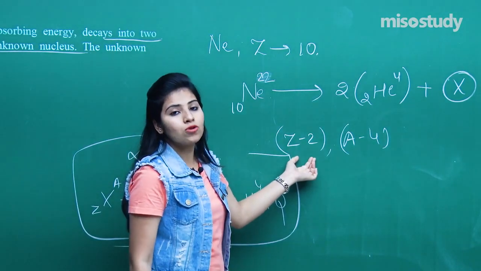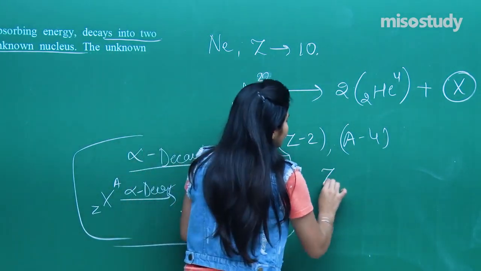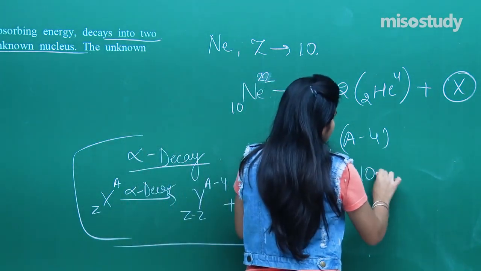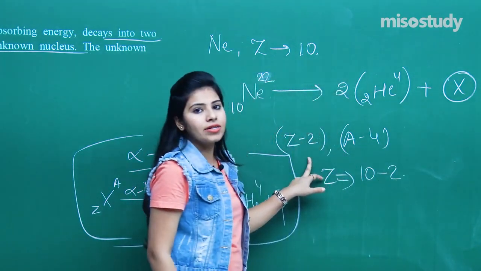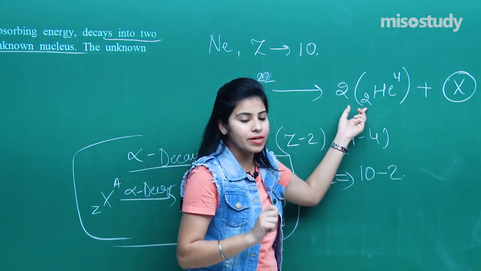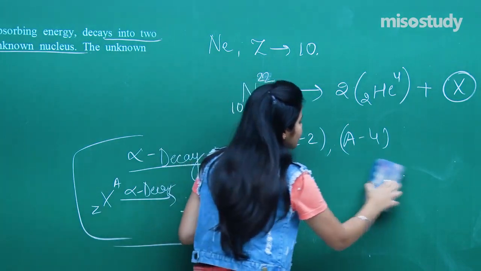Now we will see what will happen in this case. Z will be reduced by 2, that means 10 minus 2. Okay, because there are 2 alpha particles, let me correct my statement.